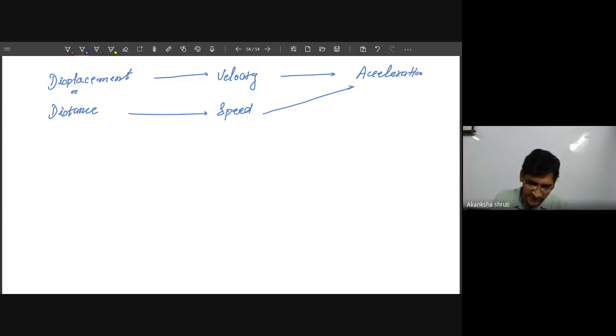A student, so how is this change calculated? Change is calculated means from displacement to velocity. If I have to calculate, then I have to calculate the slope. Means slope of the displacement time graph will give us the velocity.